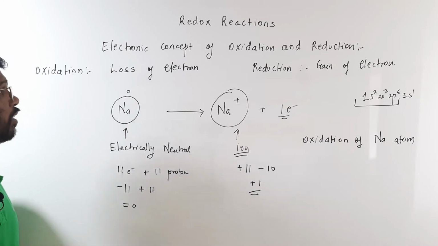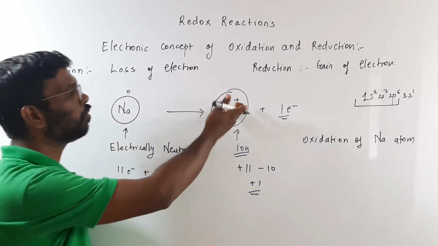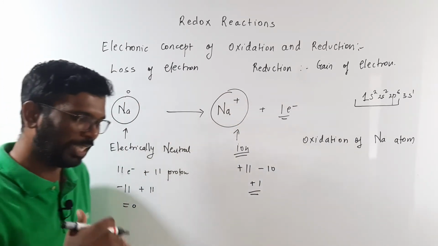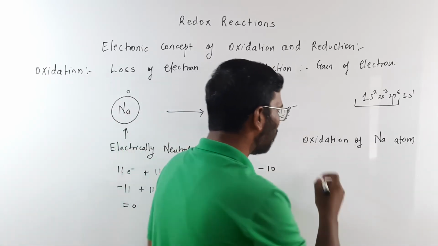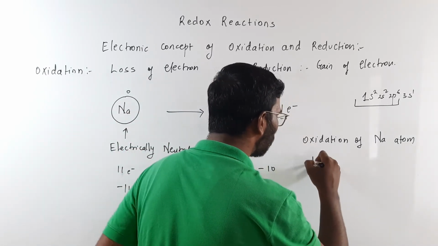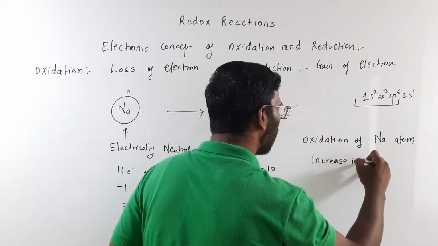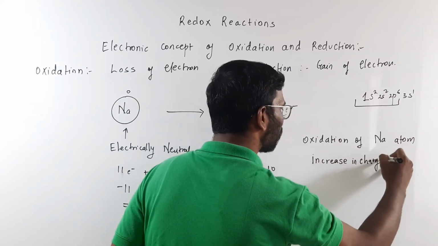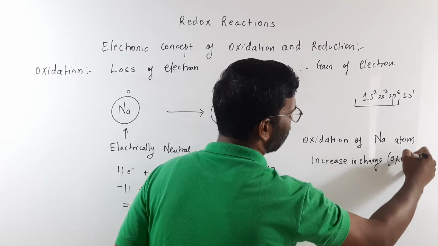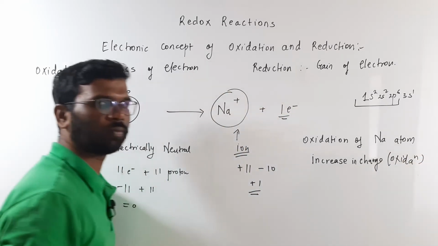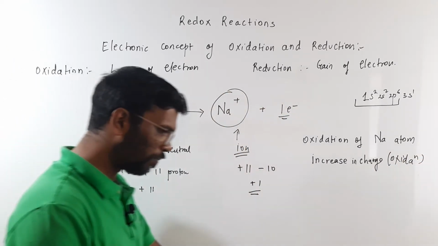You can remember it this way. It was 0. It has changed to plus 1. This is oxidation. Increase means oxidation. You can also remember it this way: increase in charge is oxidation. Let's come to the reduction.